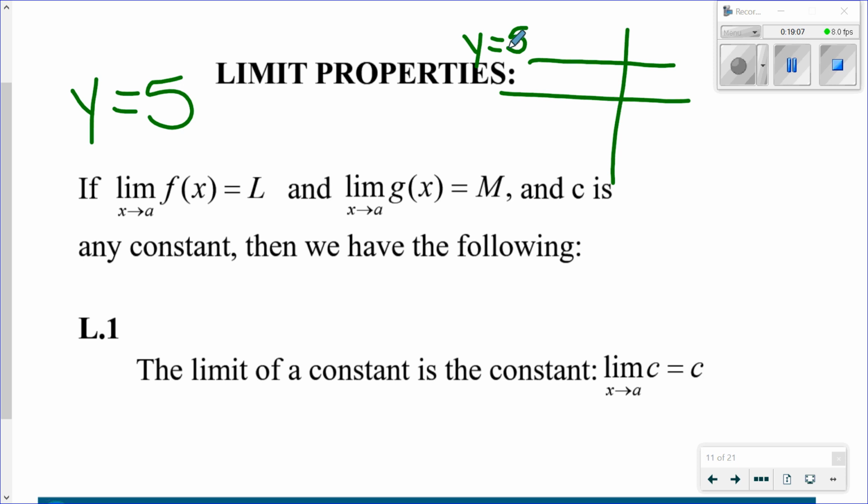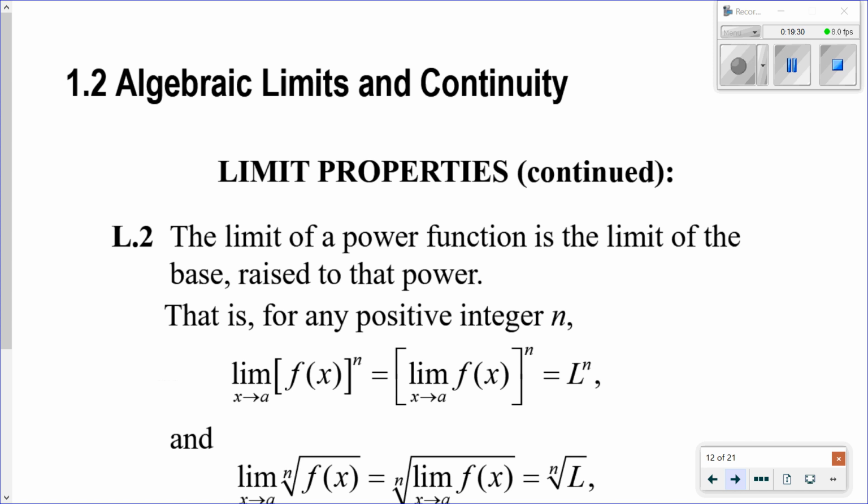No matter what x value I put in, I'm trending toward 5 because my line is always 5. So the limit of a constant is that constant because you can't get any other value out. No matter what I put in for x, I'm going to get that y out. So that limit is going to be whatever that constant is.